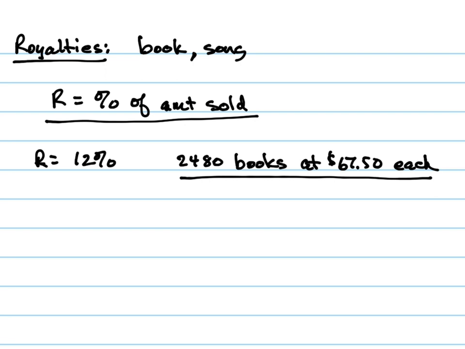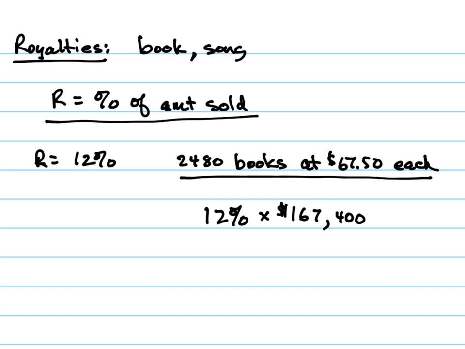So let's just do that. It's 2,480 books times $67.50. So that's going to give us $167,400 is the amount sold. And of that, our author is going to get 12% of that.